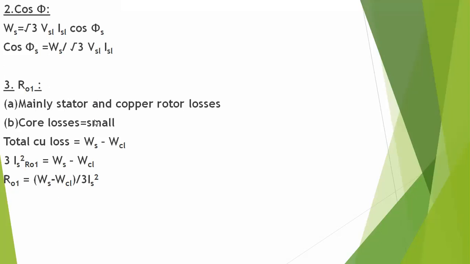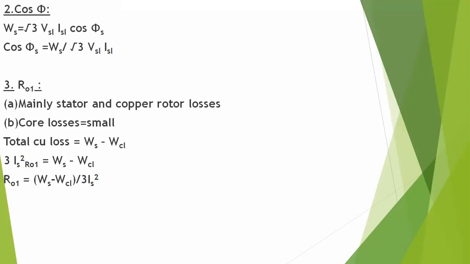These are small because we are applying a small voltage, only 15 to 20% of normal voltage. So total copper loss is WSC minus core loss, and from this R01 can be written.